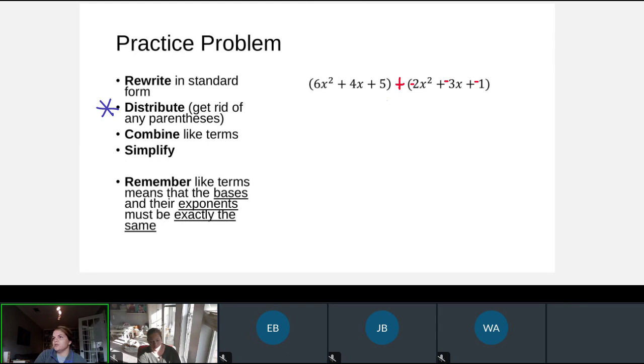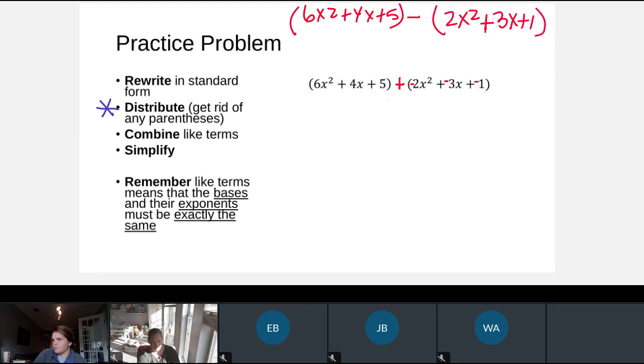The other thing you can do, I'm going to write it up here. Some of you might like to actually see the distribution happening. Just like our distributive property from the first semester, you can go ahead and multiply it out and then rewrite it.